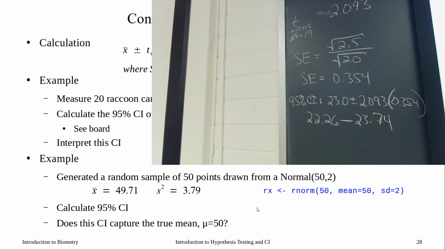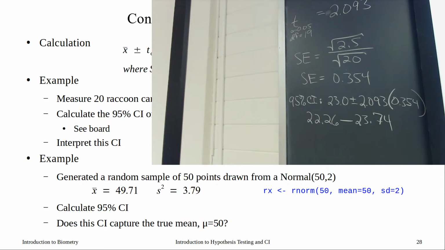But what we want to see is, here in the class right now, we have 13, including myself and those at home. If we're right, basically all of us, with the exception of maybe one person, will have a confidence interval that captures the true mean, which is 50. All right? So I'll give you some time.